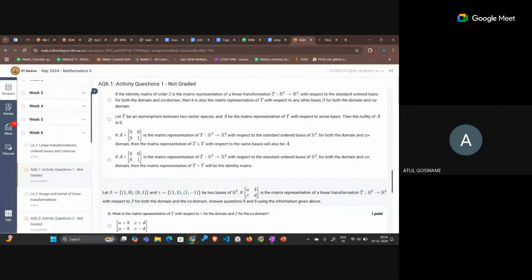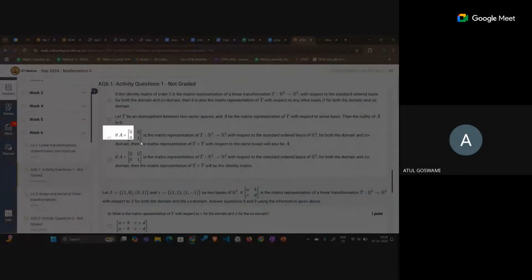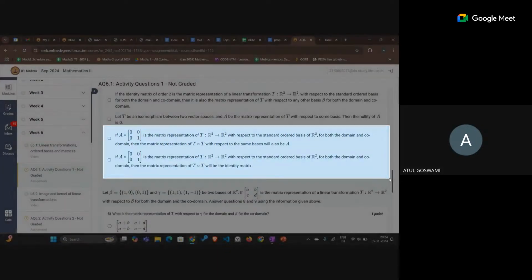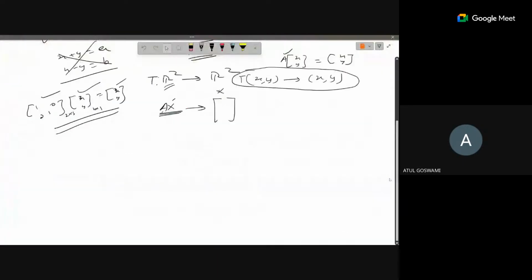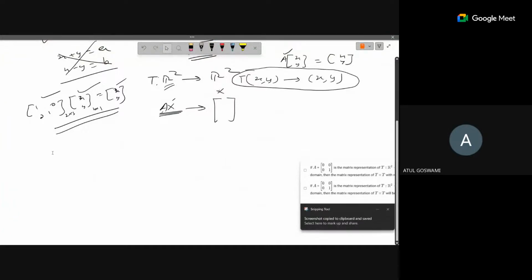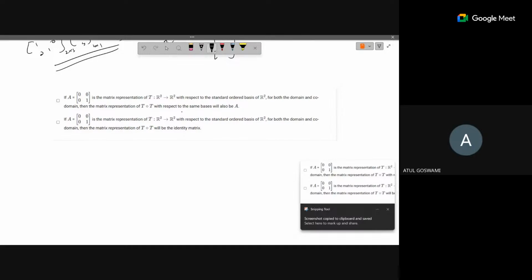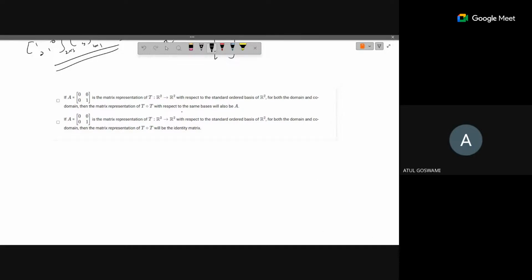Let me take the screenshot first. In the third option, A is given here for R2 for the standard basis.